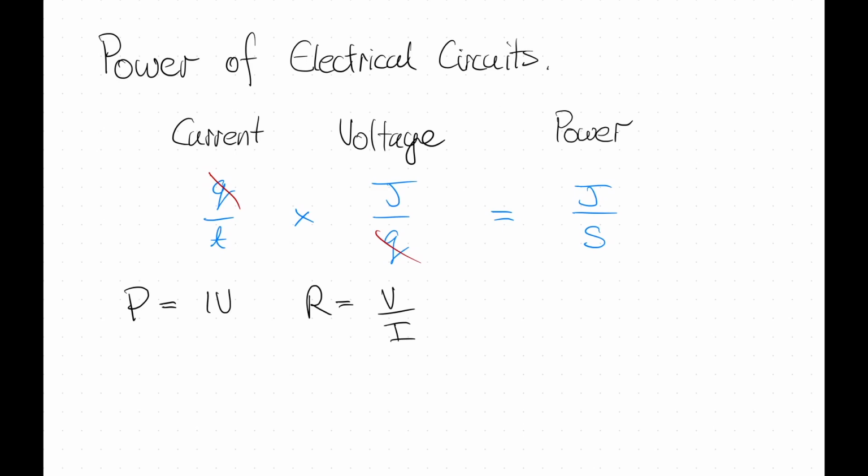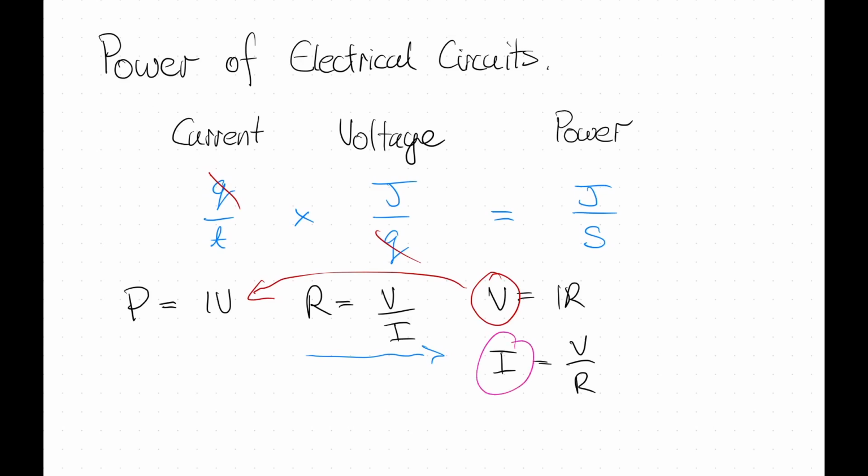If I rearrange my resistance formula and say that V is equal to IR, I would also have that the current, I, is equal to V on R. I could then grab those two relations, sub the V into there, sub the I into there, and I would get two power formulas out of this. I would get that power is equal to our current squared times our resistance. And we would also have that our power is equal to V squared on R.